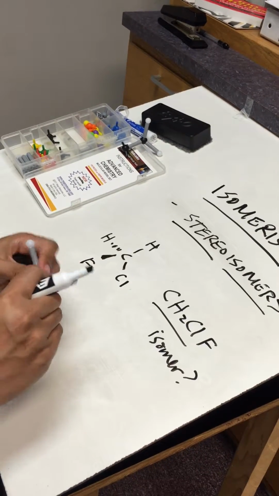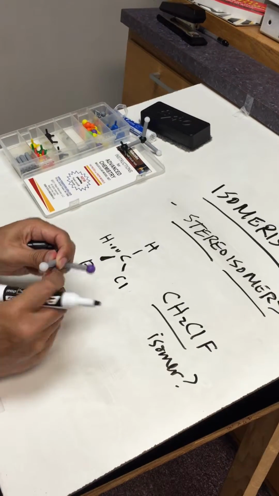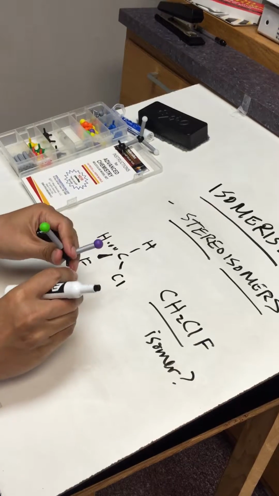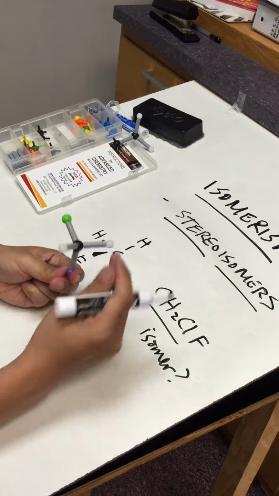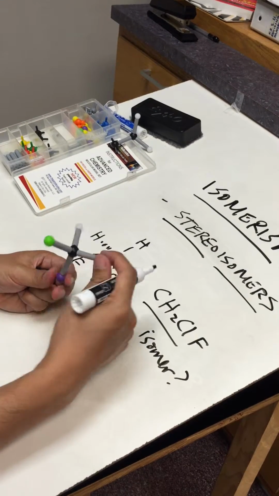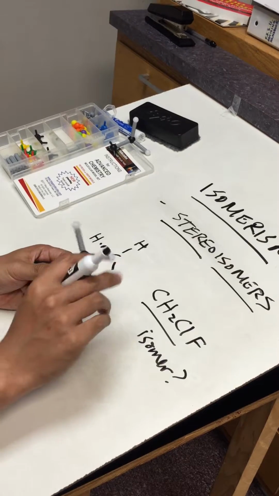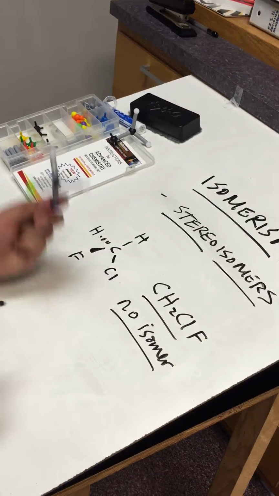And you can switch again. Take this off, put it here, right? Take this off, put this one here, put this one here. Make no difference, right? You still have the two hydrogen next to each other, and then the chlorine and fluorine next to each other. So no isomer.